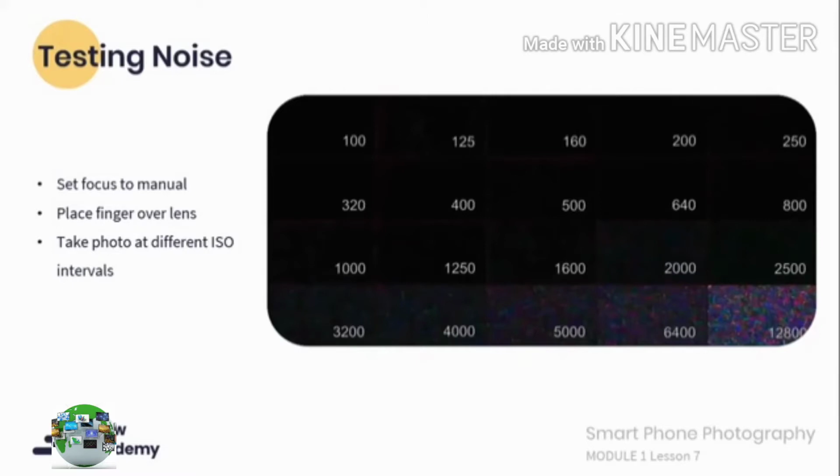You can see all the reds, the greens and the blues, and this is actually what our sensor is made up of: red, green and blue, and it combines these to get all the different colors, because these are the primary colors of light. You're really beginning to see that appear when the ISO is pushed up to the limit here. So it's very easy to test to see what level of noise you are comfortable with and how well your own camera handles noise.